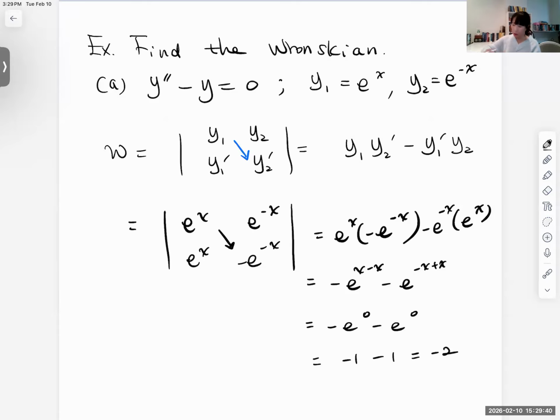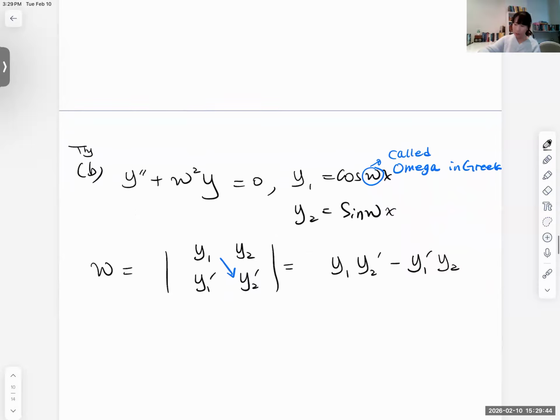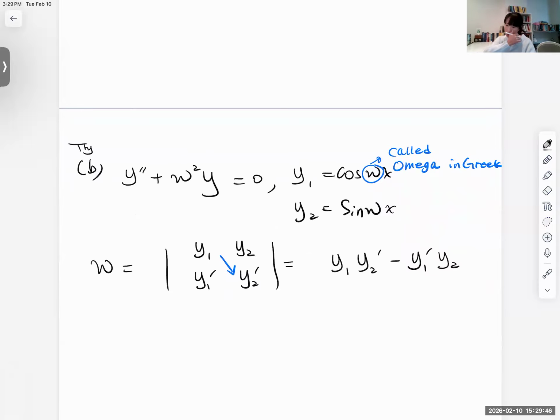Okay, so second one, we want to find the Wronskian. In that case, a little bit confusing. So they're using the same, right? W. But this is not W, this is omega, the Greek letter, like the alphabet, right?